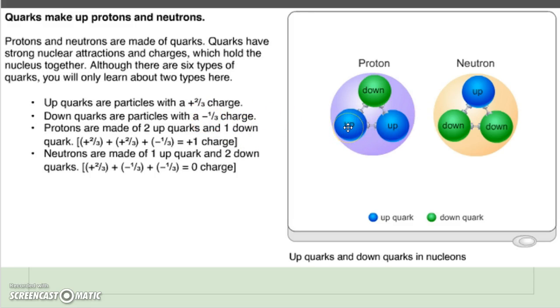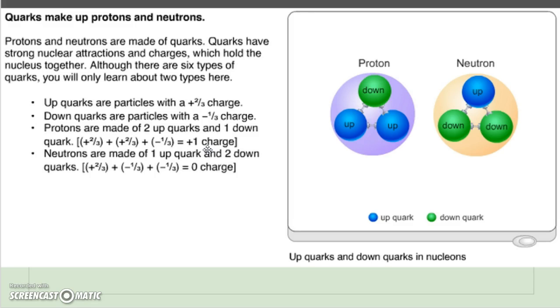So if I add them together, I have positive 4/3. And then I have a down quark which has a charge of minus 1/3. So positive 2/3 plus positive 2/3 equals 4/3. Minus 1/3 gives me 3/3, which reduces to positive 1.